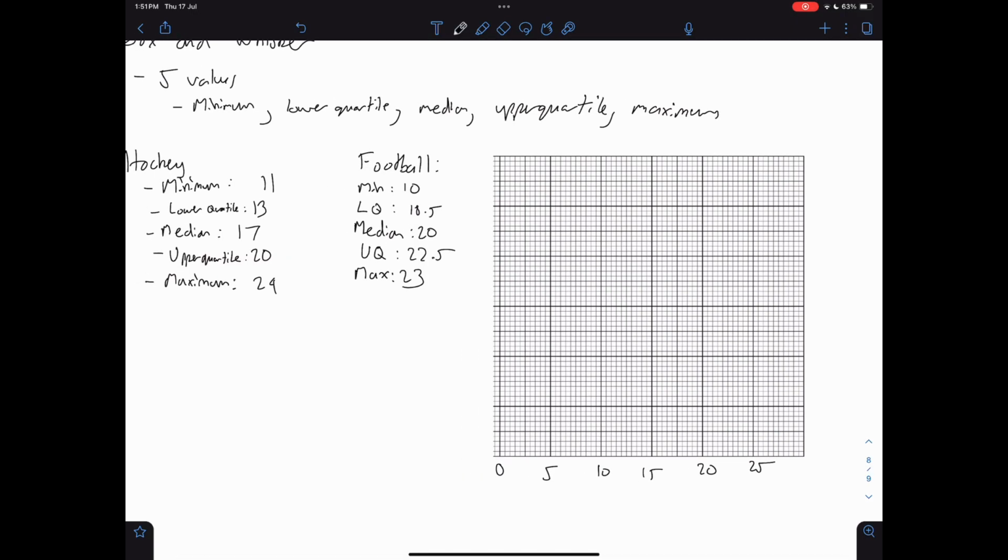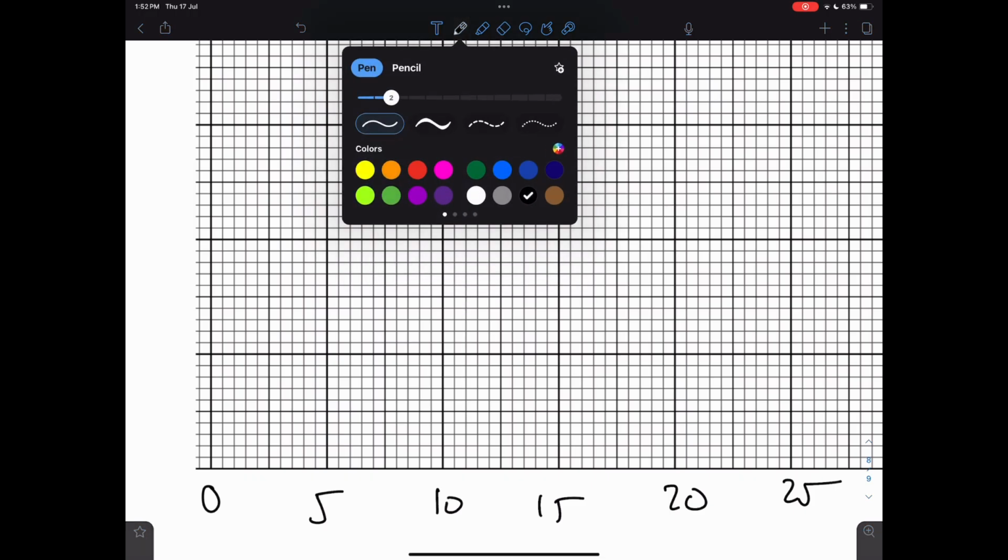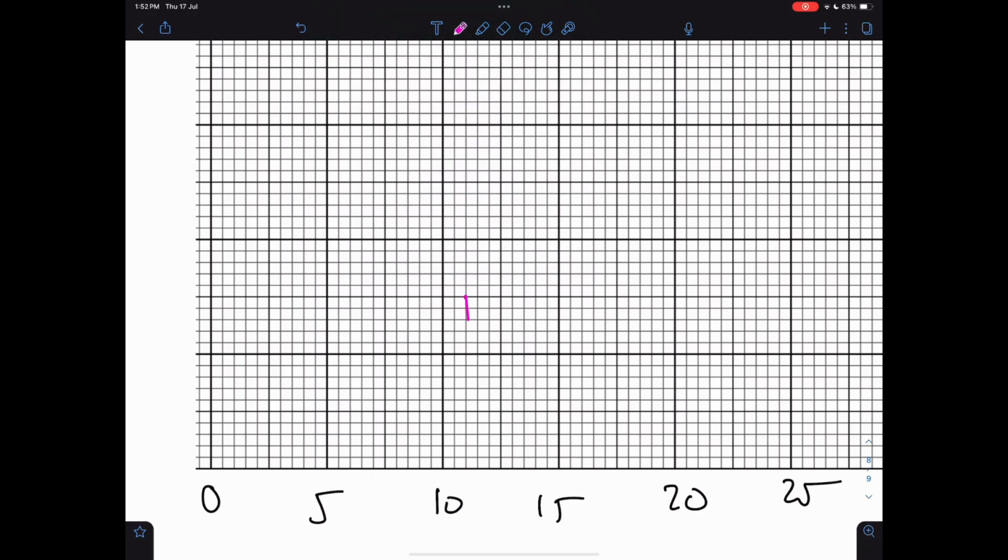Then let's have a look at hockey and start looking at our points. We need to rule a line at each of the points that we've identified. I'll do this in a different colour so it's easier to see.